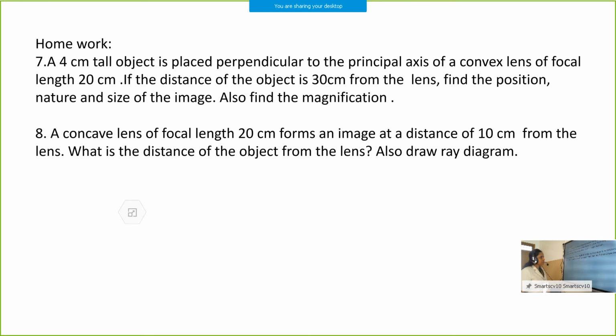What is the distance of the object from the lens? Also draw the ray diagram.